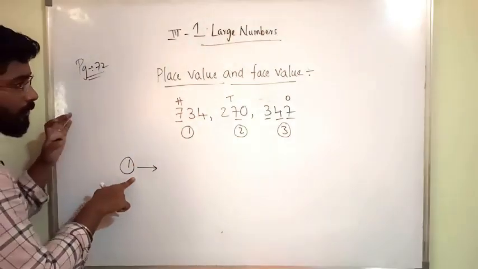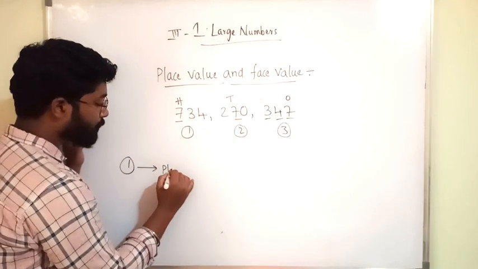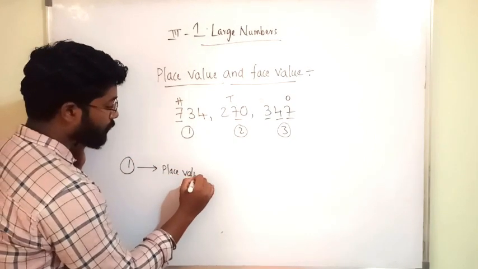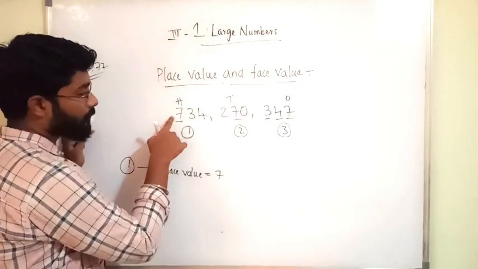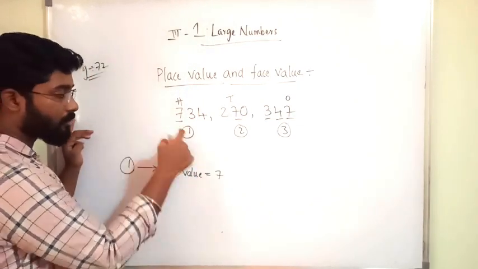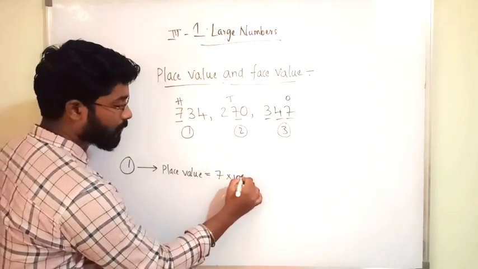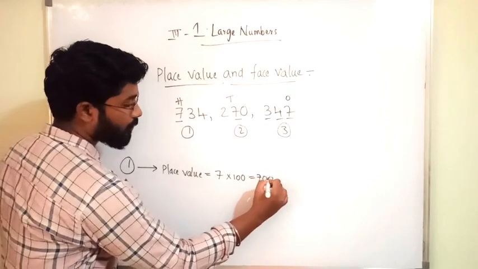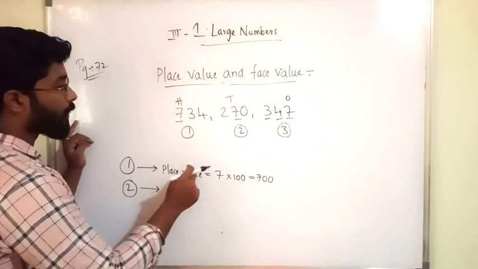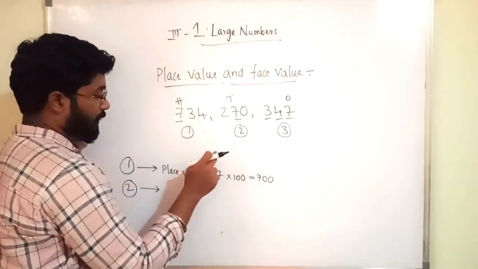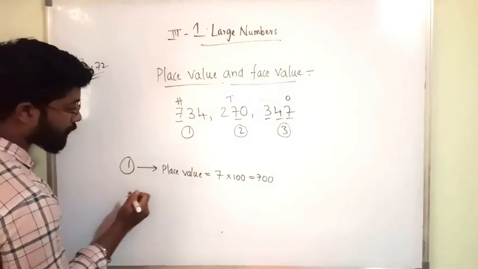For the first one, 7 is in hundreds place. So what is the place value? Place value equals 7, which digit he is asking about, 7 only. In which place is it? Hundreds. 7 into 100 equals 700. Next, let us see the face value for the first one.